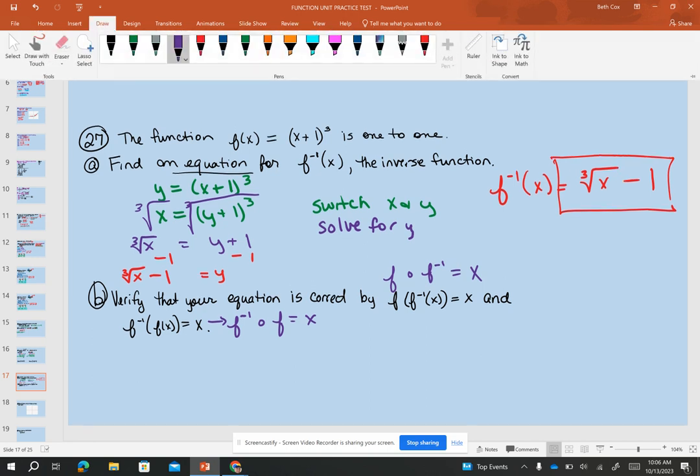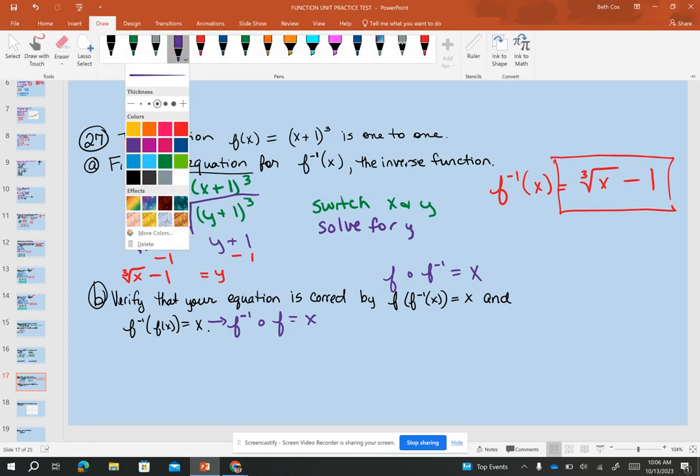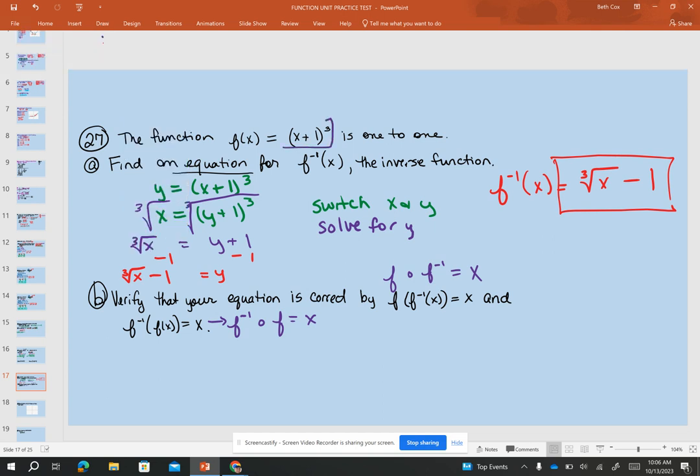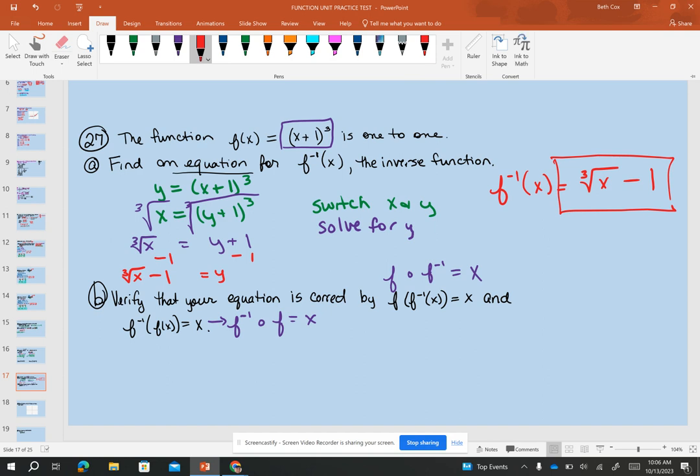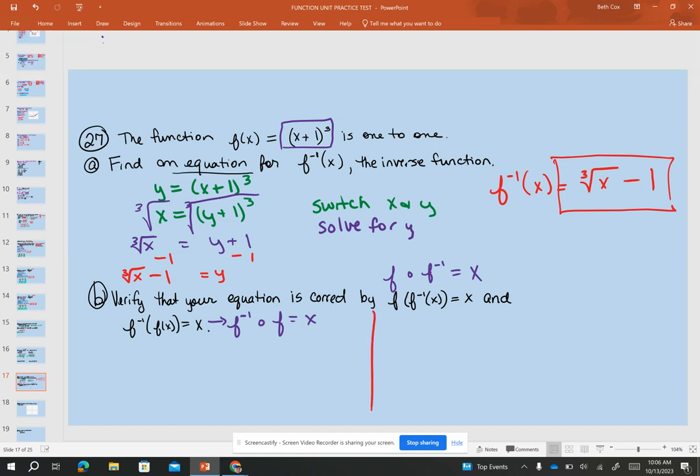So again, we'll do a purple and a red function. We'll let the original be the purple, and we'll let the new one be the red. So when I do both of these, I'll do them right there. So the f inverse, I'm going to do this one first. I'm going to do the cube root of blank minus 1.